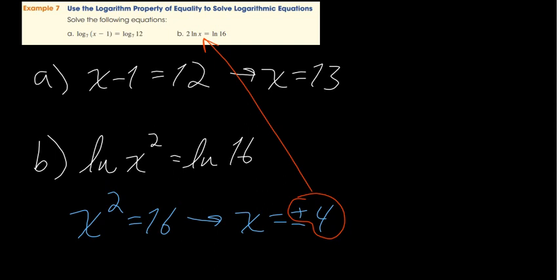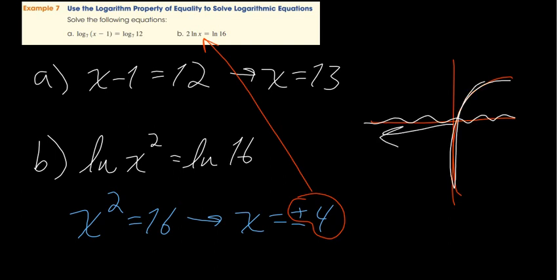And of course, with that said, negative 4 will not work, because the natural log of -4 doesn't exist, because negative numbers are not in the domain of logarithms. Remember how our graph looked? It looked like this, right? And here on the x-axis, we see that my graph does not exist anywhere to the negative numbers.